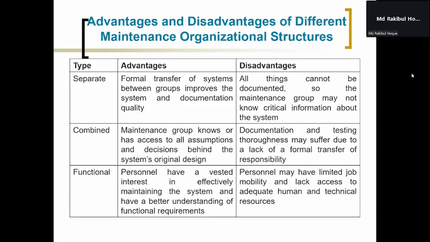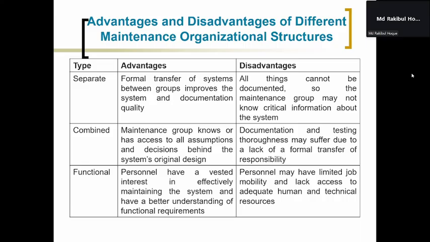So there are different types of maintenance structures, and they have some benefits and also some disadvantages. Like you can go for separate, if the organization structure is separate, you can go for formal transfer of the system. But here the problem is all things cannot be documented. If you go for combined, then the maintenance group knows or has access to all assumptions, but the problem is documentation and testing, because they don't have the formal transfer of responsibility like in a separate system.